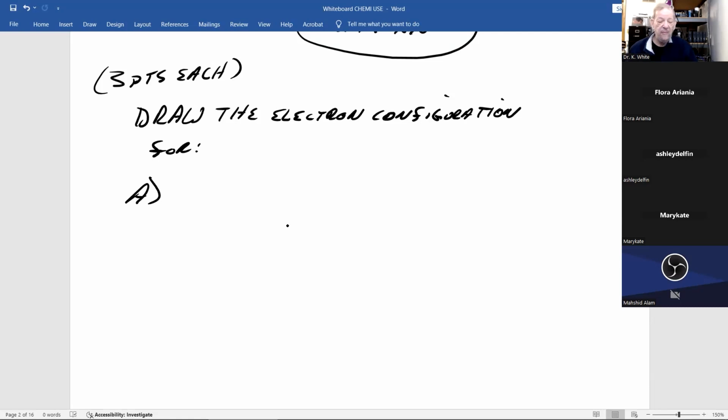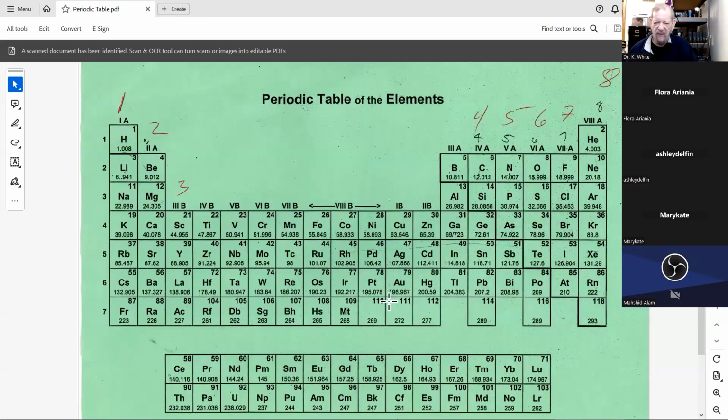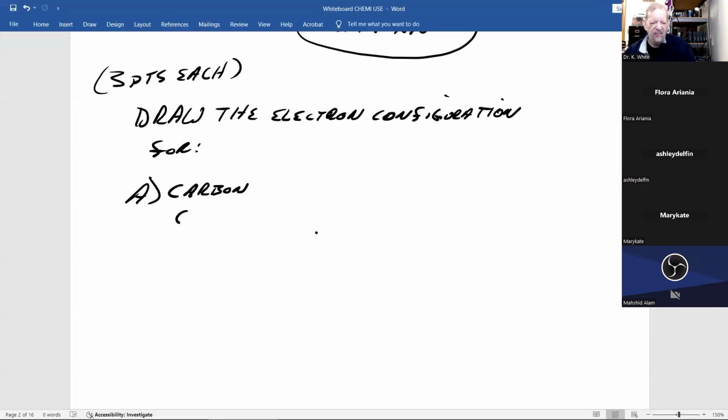If I had a problem, 3 points each, draw the electron configuration for, let's pick a fun one, carbon. Well, how do you do this? The first thing you have to know is how many electrons carbon has. You go to your friendly neighborhood periodic table and look at carbon, C. The atomic number is 6, so carbon has 6 electrons.